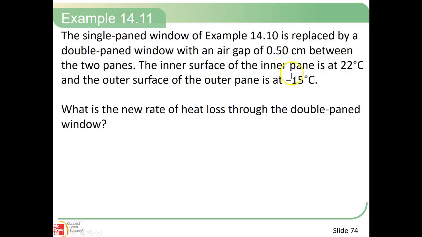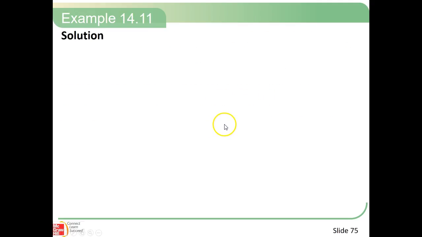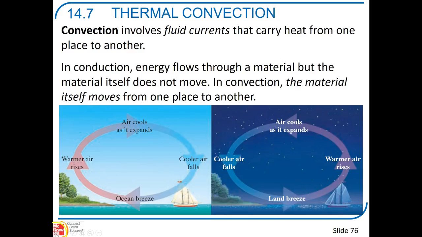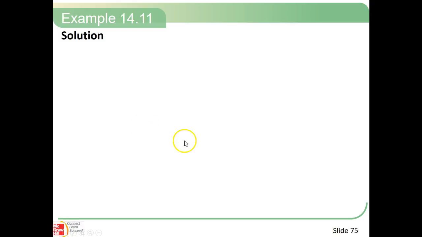So the inner surface of the inner pane is at 22 degrees Celsius, and the outer surface is at negative 15. They want to know what the new rate of heat loss is. So we're going to find this new rate of heat loss and see if it's any better than the 220 watts that we had before. To do this one, we're going to need to start by saying R1 is equal to D over kappa times the area.